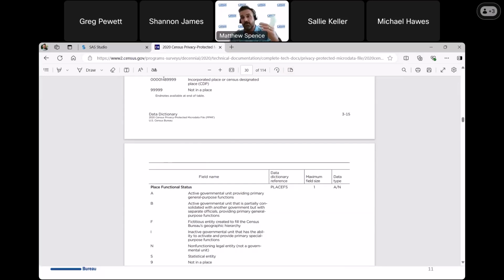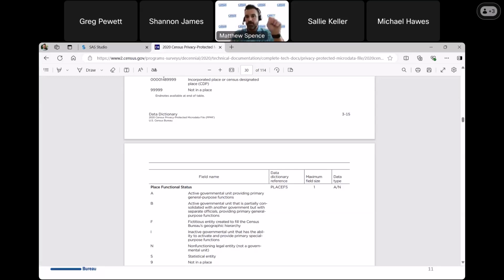If you want to uniquely identify places, you'll need to put both the FIPS state code and the 5-digit place code together. You want to concatenate the two. That will uniquely identify the places across the US. If you just look at place, it's duplicative across states. It's not unique across the whole country. It's only unique within the state.